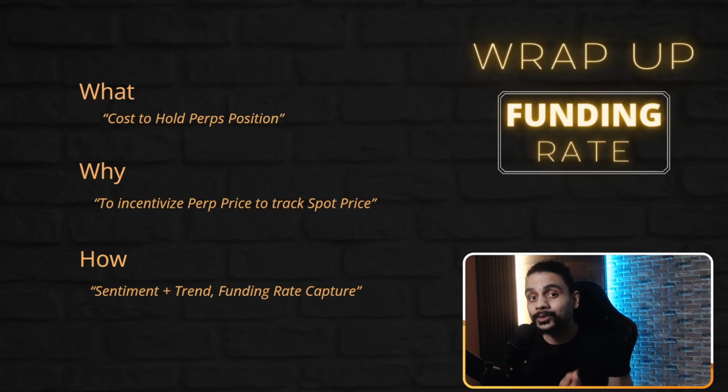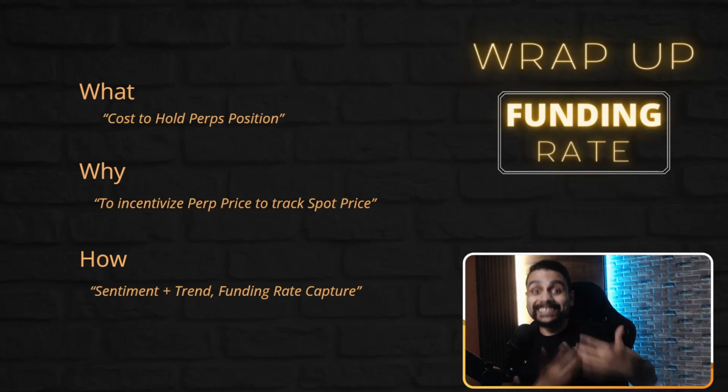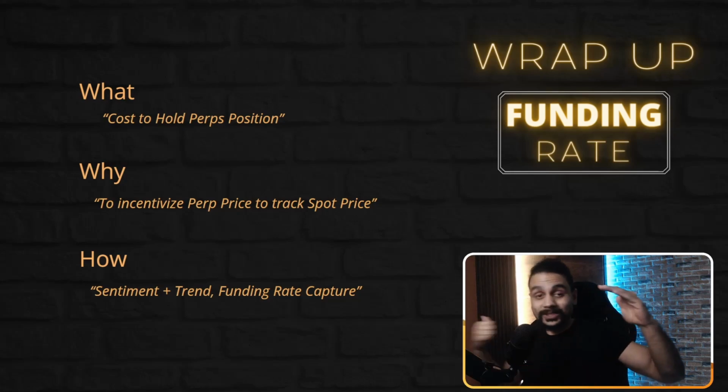So how do they do this? They essentially go ahead and put on a short position on the perpetuals exchange while putting on a long position on the spot exchange. So their sell pressure is only on the perpetuals exchange, right? Because their offsetting position is on the spot exchange. This adds further downward pressure on the perps to incentivize the perps to trade closer to spot.